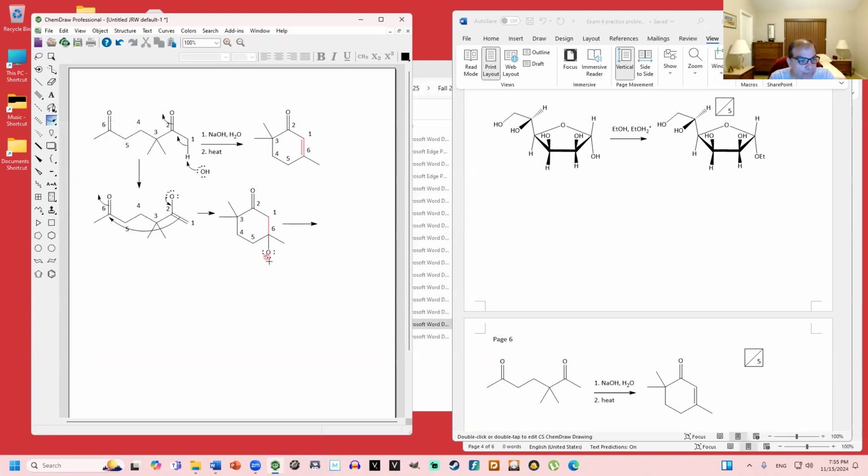Next step is going to be protonating that alkoxide ion. We've got to use what we're given. The protic species that we're given is water, so that's what we'll use. Don't memorize that EtOH goes there. It might not be. In this case, it's water.